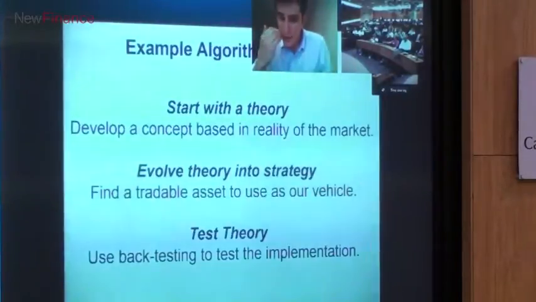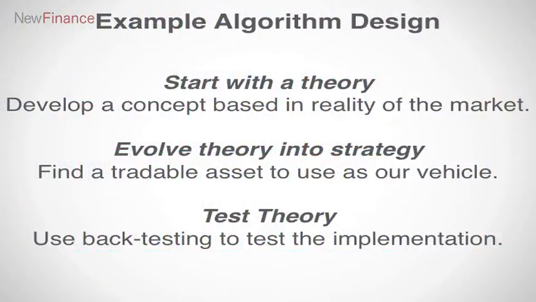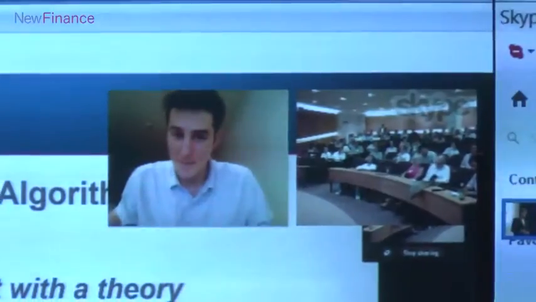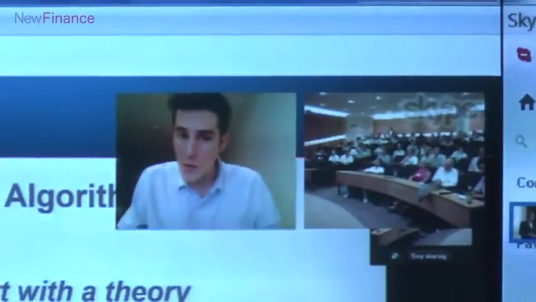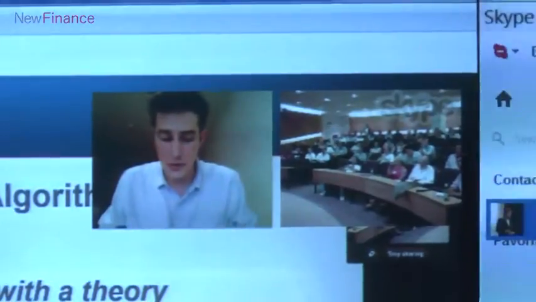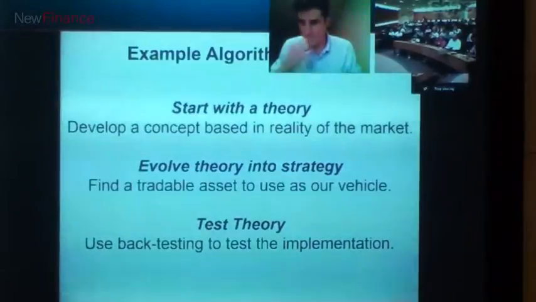I thought to make it a little bit educational for you, to give you some background, I thought we would step through an example algorithm design. And this is all just based on my opinion. I claim no expertise as an algorithmic engineer other than the many mistakes I made over 2 years. But what I found was that for an algorithm, you really have to start your strategy based on a theory.